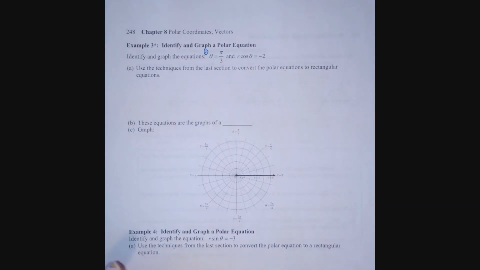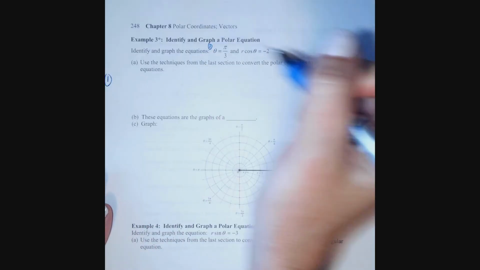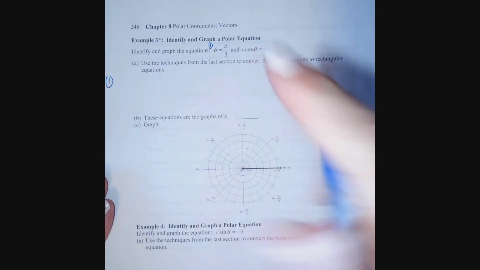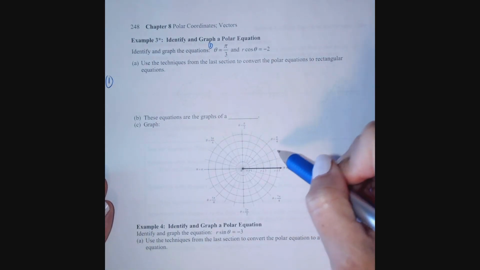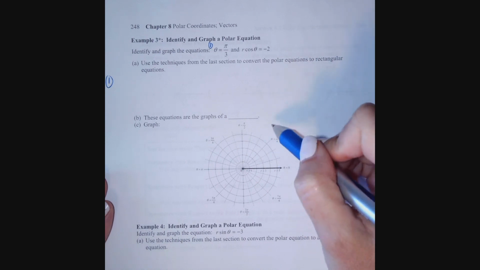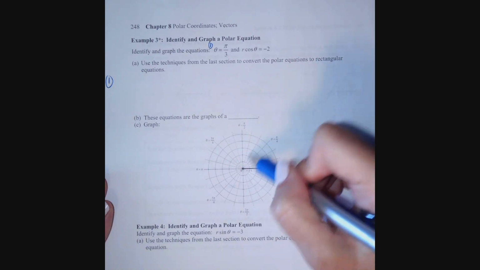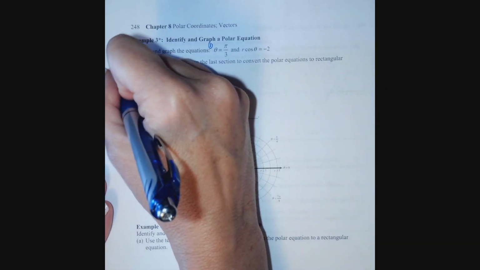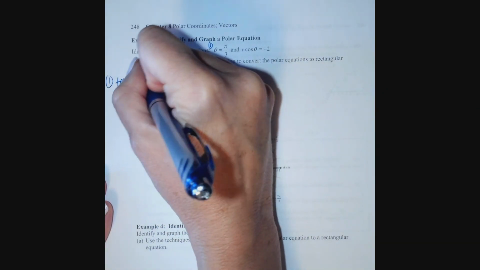We're actually going to use a technique that is not one they showed us in the last section. For this first one, to put this equation in rectangular form, I already know that if these are 15-degree increments, I expect that I'm going to go right through here. But just to double check, let's take the tangent of both sides.